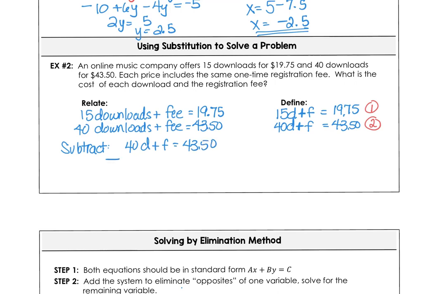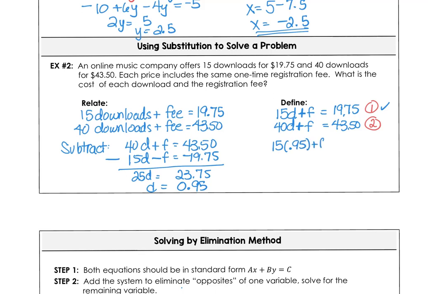And I could subtract 15D and subtract F and subtract $19.75, and that would leave us 25D is 23.75, and dividing by 25, a download would cost 95 cents. Then substituting the download back into, let's say, equation 1, since it's the smaller equation, 15 times 95 cents plus the fee is 19.75.